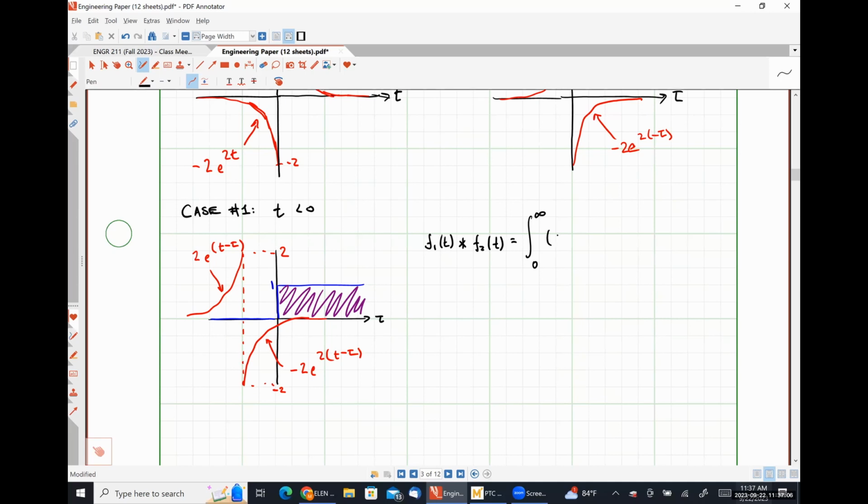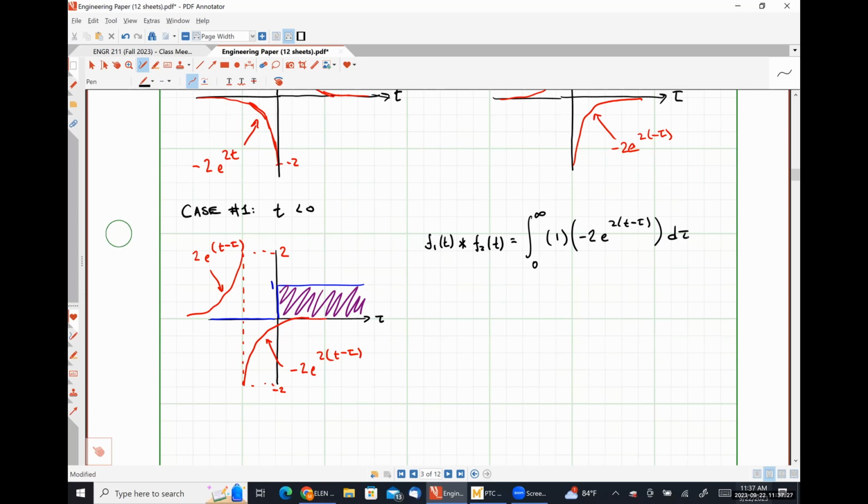My unit step function just looks like a 1. And now I'm going to have my -2 e to the 2 t minus tau, close that, d tau. So what can I do to this thing?